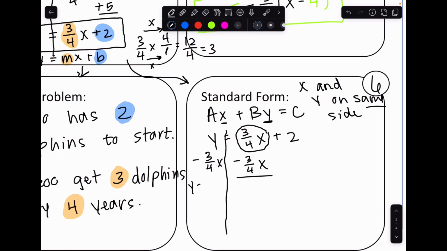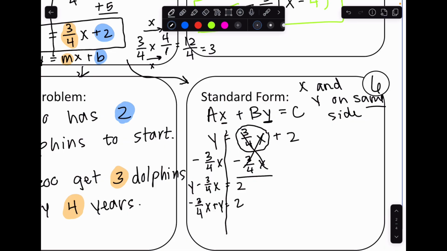So y minus 3/4 x equals, these two cancel, 2. Okay, all I have left is 2. Now, x's should be first, right? So I'm going to rewrite it as negative 3/4 x plus y equals 2.